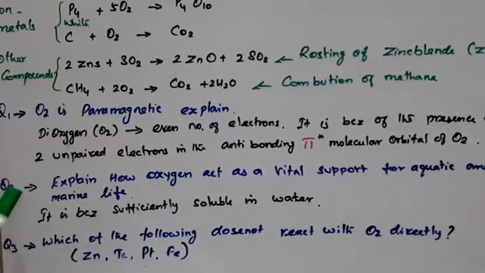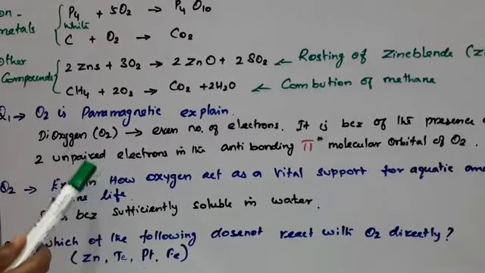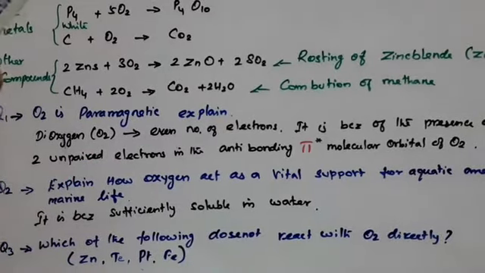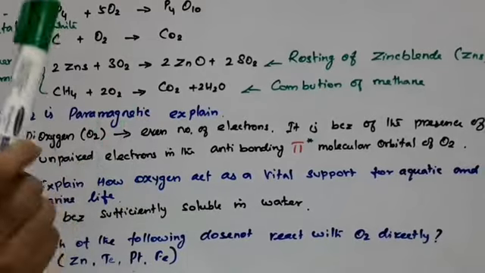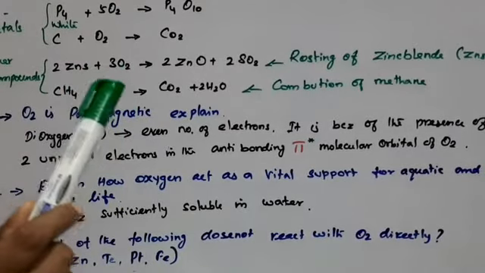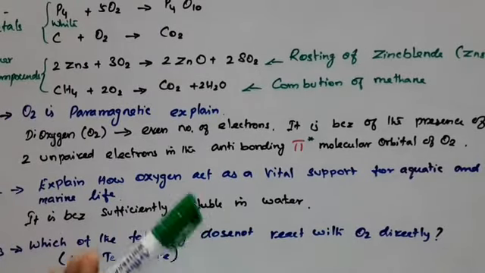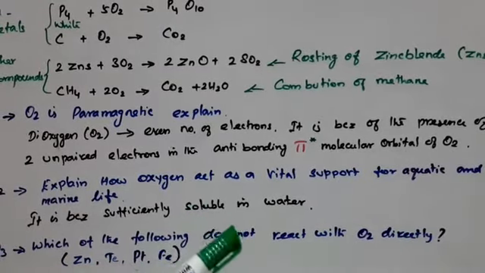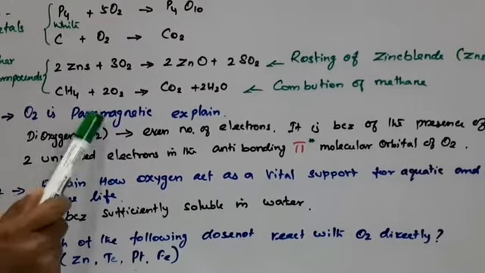The second question, already studied in your 11th standard for MO theory. Ground state to excited state, what do we get? Two unpaired electrons, where are they? In the antibonding pi star 2px and pi star 2py, you studied, no? So that represents it is paramagnetic.